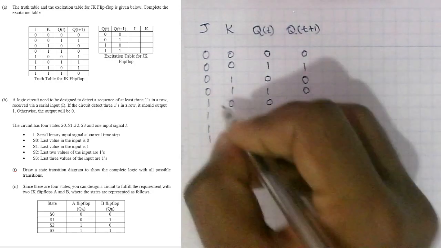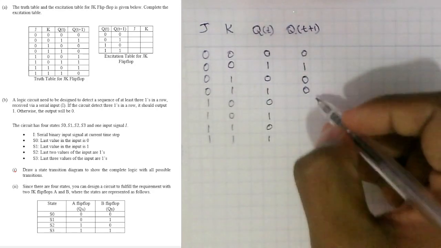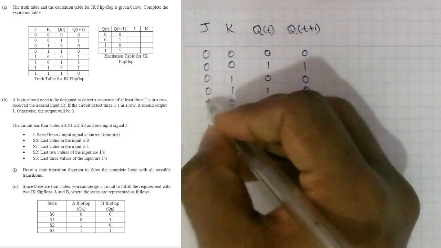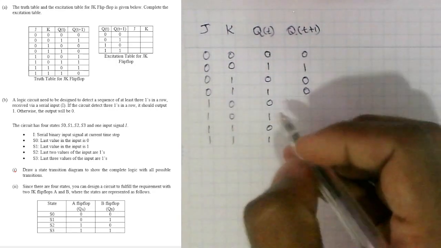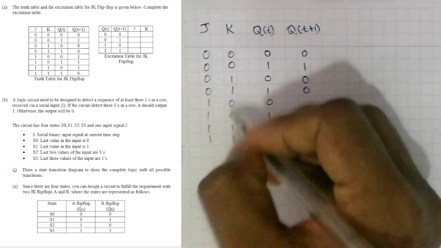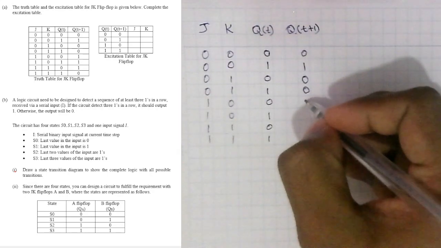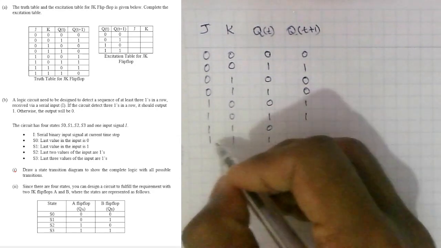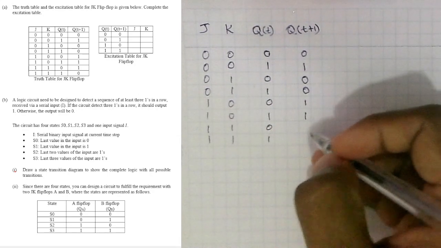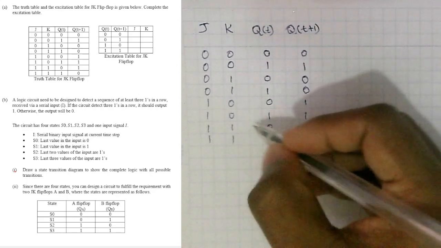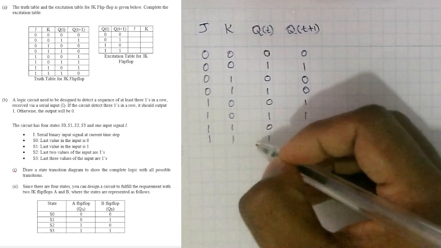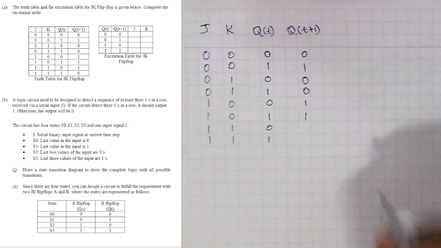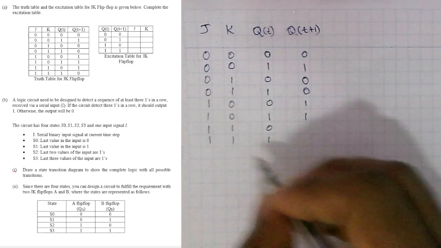Here it's the opposite. We have a 1 at J, which means it's going to set the value to 1, as long as K is 0. So these two will be 1. How about this one? Both J and K are 1 here, and what that means is the toggle configuration of the JK flip-flop, or we call it T flip-flop as well.